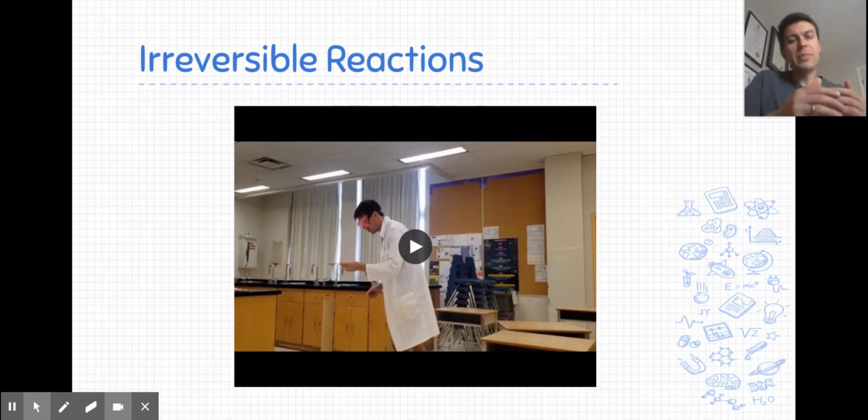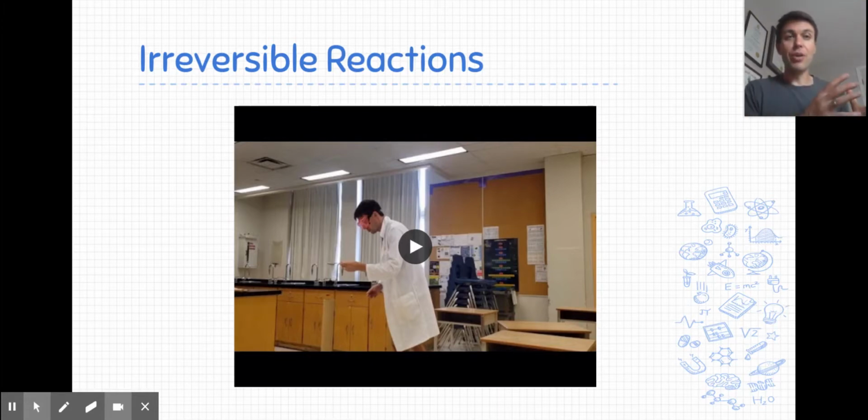I wanted to show this because this is the exact opposite of what we're talking about in chemical equilibrium. And there's a lot of reactions which we have studied in chemistry, a lot of single displacement reactions, double displacement reactions, combustion reactions, a lot of those reactions which only happen spontaneously in one direction.